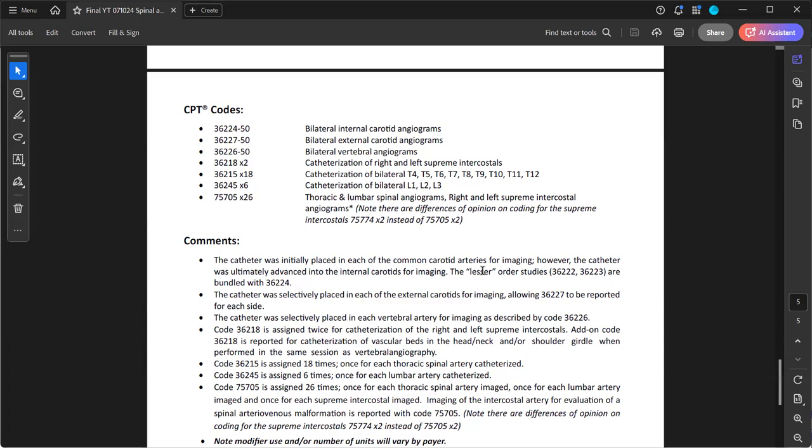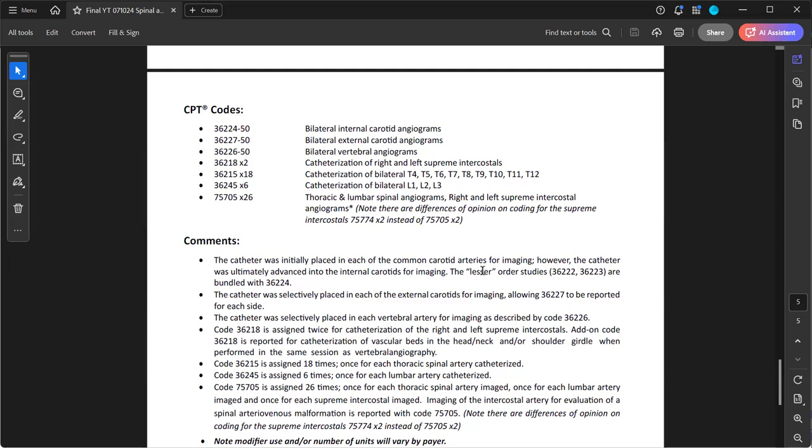And then 36226 modifier 50 for bilateral vertebral angiograms, again, maybe RT/LT, depending upon your payer. And then for review, we assigned 36218 for both the right and left supreme intercostals, because we had already assigned code 36226 for the vertebrals. So that's going to change those branch vessels to the add-on code.